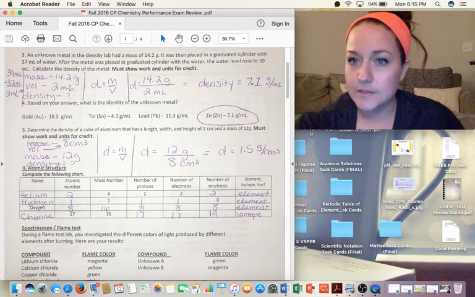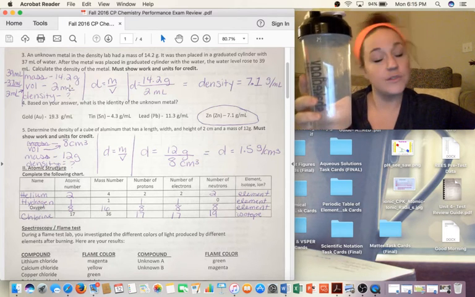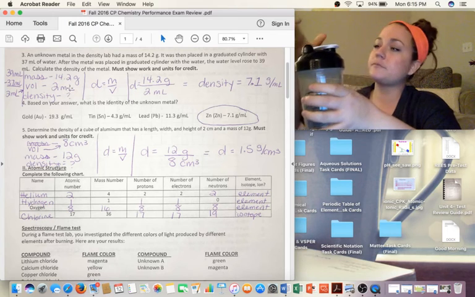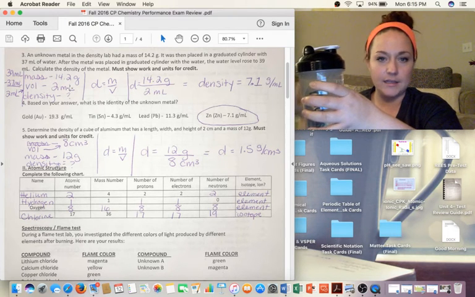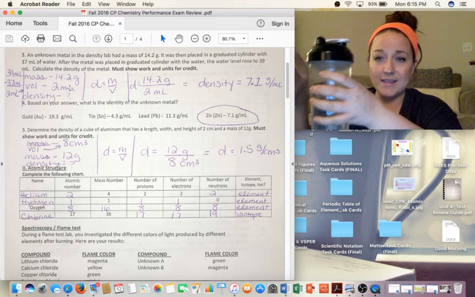So a graduated cylinder, and we're going to use my Shakeology cup. So let's say this was a graduated cylinder, and it's full of water. And I dropped something into it, a rock, anything, in this case, a piece of metal. The water rises.